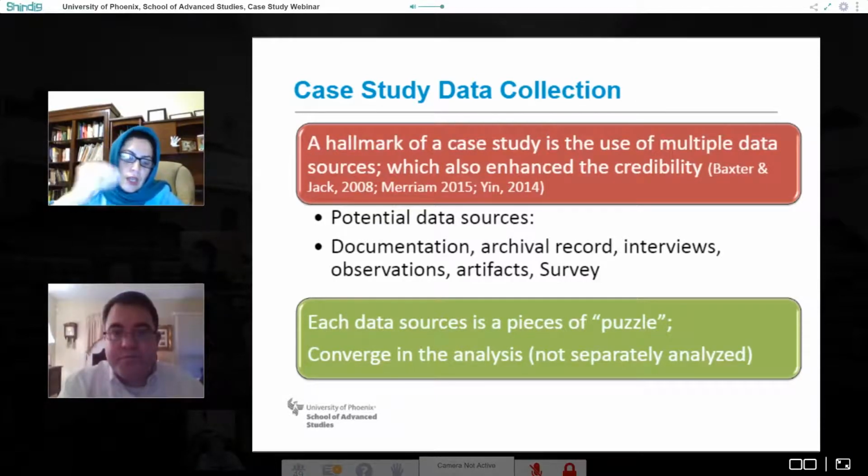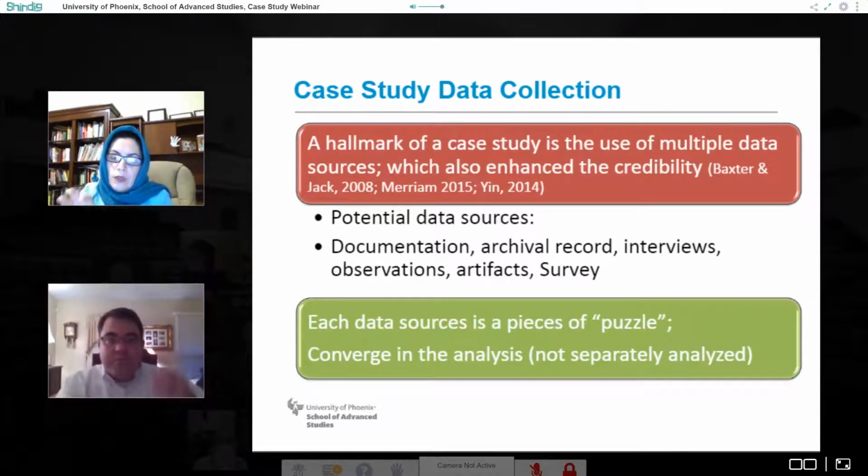Kids who drink soda is one unit of analysis, kids who don't is another unit of analysis. Then you need at least three data sources for each of these units of analysis. And then at the end, you would compare these cases. Yes, that's the beauty of having that design, because you get to compare them. But it's a little bit complex. You see that it takes more work. For each of them, you have to have three sources of data.